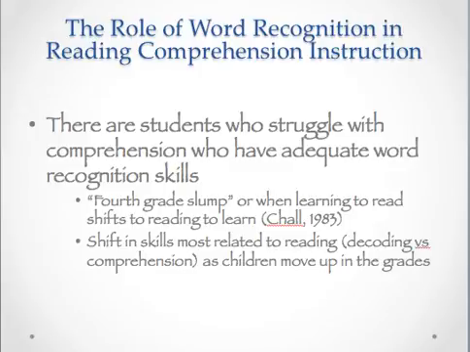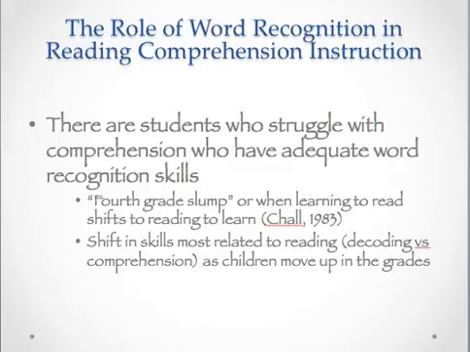But there are students we know who struggle with comprehension despite having very good, more than adequate word recognition skills. And this is what Jeannie Chall talked about as a 4th grade slump. It may occur or it may not occur, but it tends to occur when learning to read shifts to reading to learn.